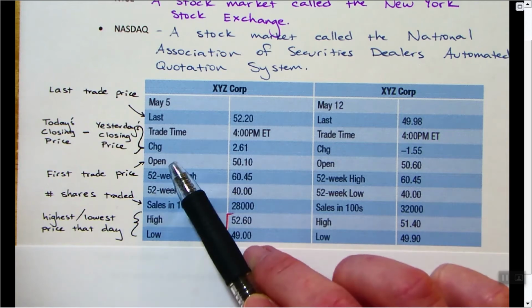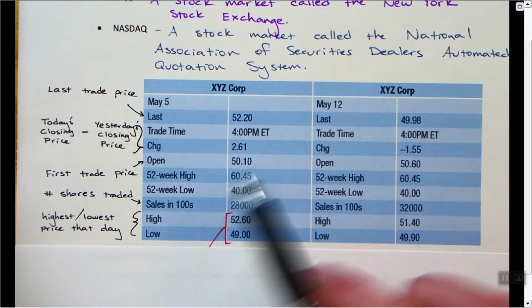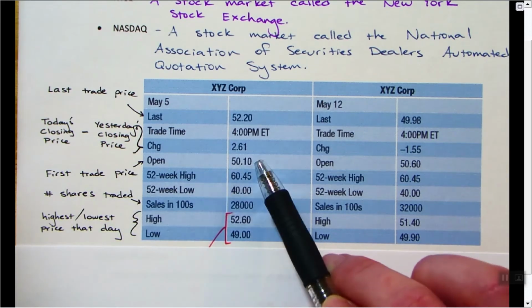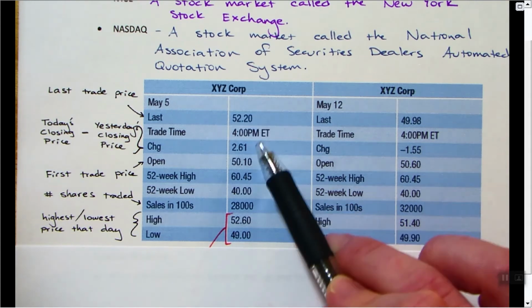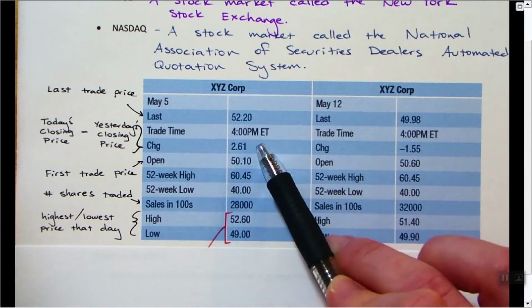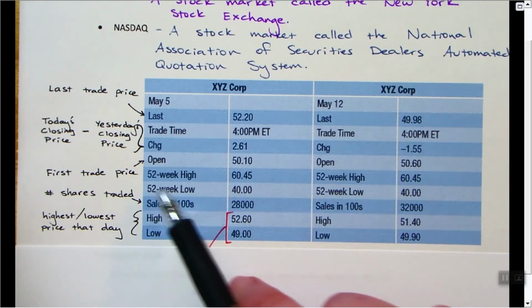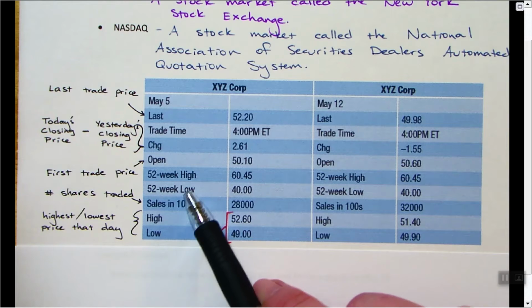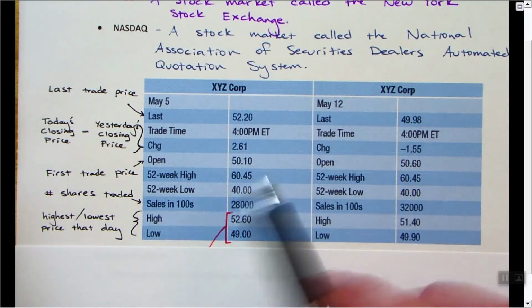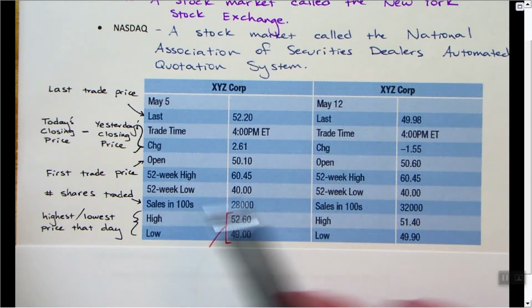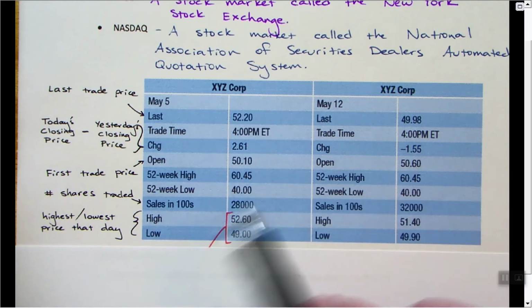The open is the price of one share of stock at the first trade of the day. So it gives you a starting point and ending point for the day, but also gives you a change from day to day. You also get a 52-week high. Over the last year, what is the highest price for one share of this stock? This is XYZ Corporation. The 52-week low is the lowest price that a share of this stock was ever traded for.